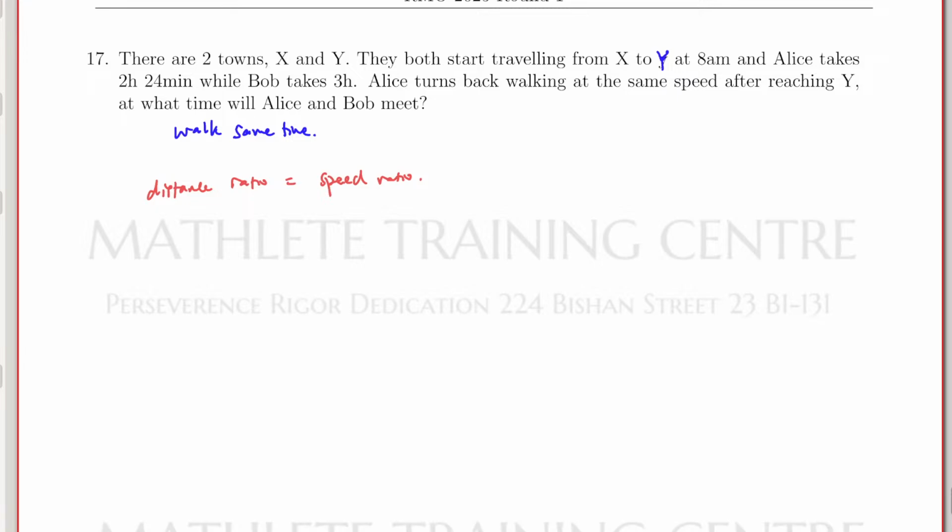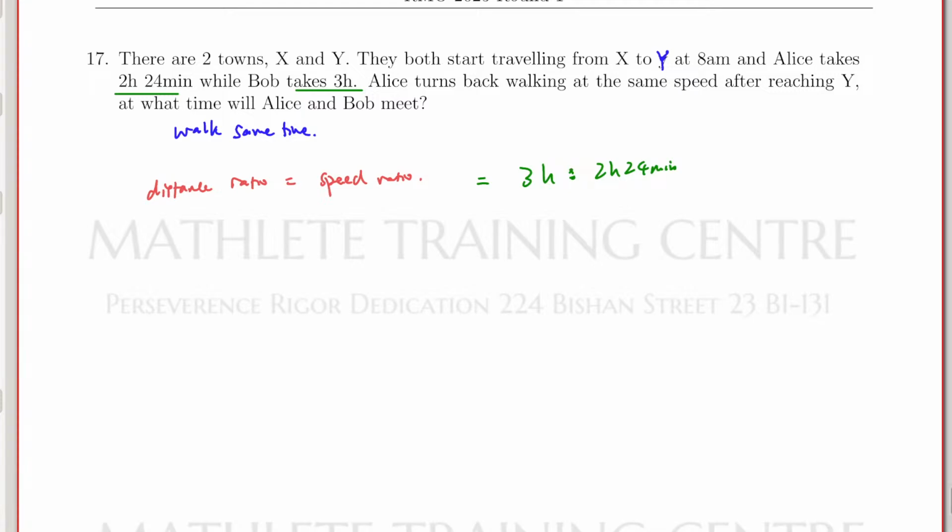It is going to be the opposite of the ratio of time, right? If Alice takes 2 hours 24 minutes and Bob takes 3 hours, the speed ratio will be the opposite way around. The speed ratio will be 3 hours to 2 hours and 24 minutes. Because they cover the same amount of distance, the reverse of the time ratio is equal to the speed ratio.